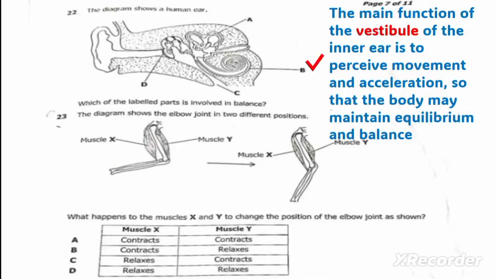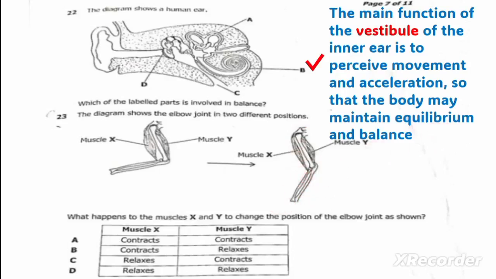Question 23, the question reads, the diagram shows the elbow joint in two different positions, muscle X, muscle Y. Then after some time we can see that this arm is stretching.